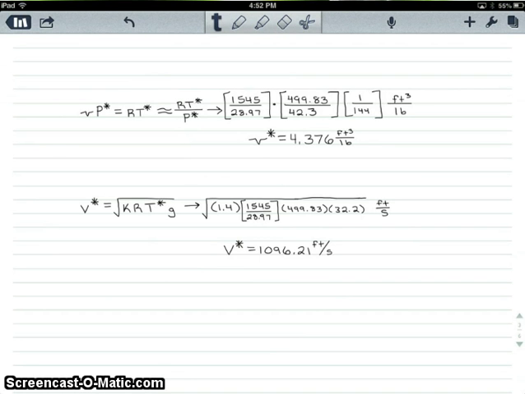Again, all asterisks pertain to the throat. So we have PV equals RT. As you multiply across, you will get V asterisk equal to 4.376 cubic feet per pound.